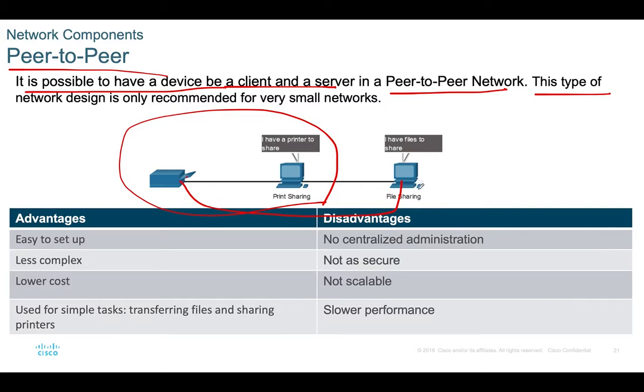How about files? This computer can also share files so that the other computer can access the file. That's the purpose of a peer-to-peer network.